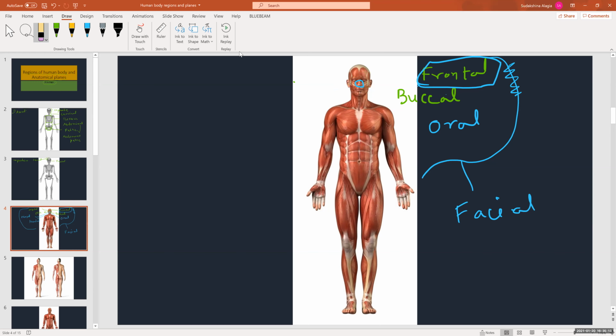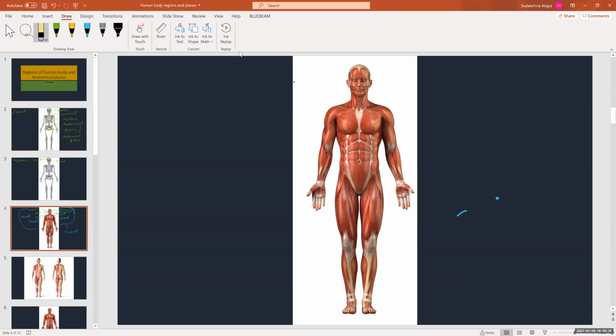Now, next, cervical. There are no subregions associated with cervical, just the neck area. Below the collarbone, basically the chest area, is the thoracic.